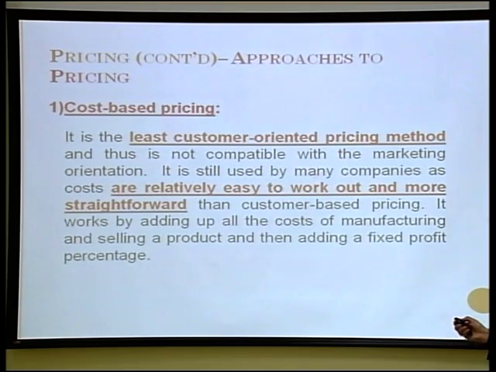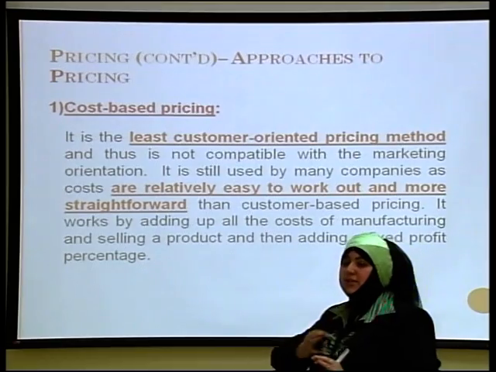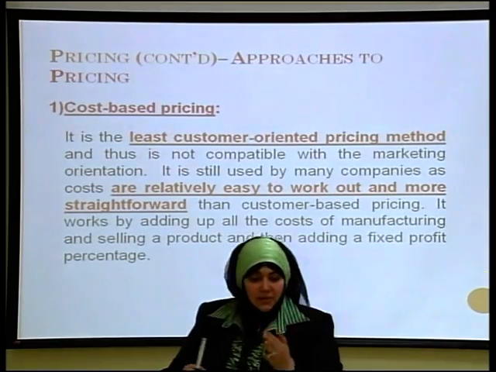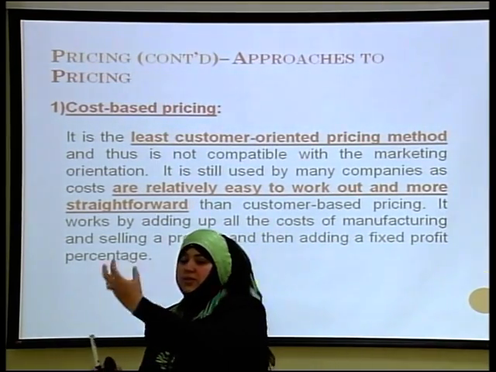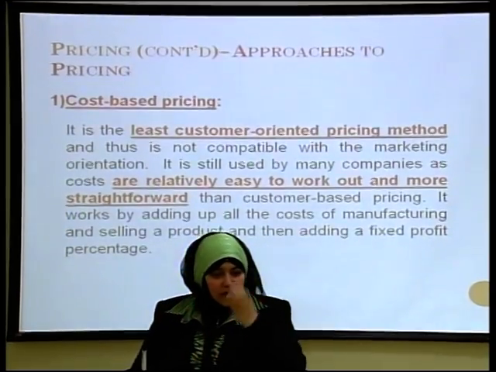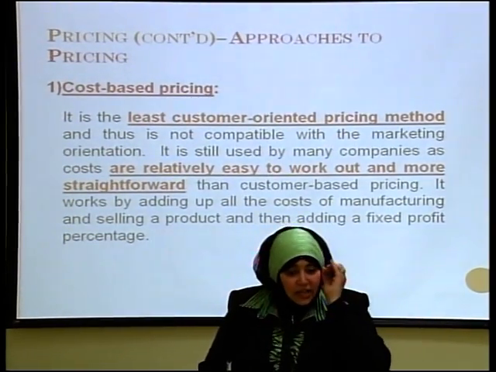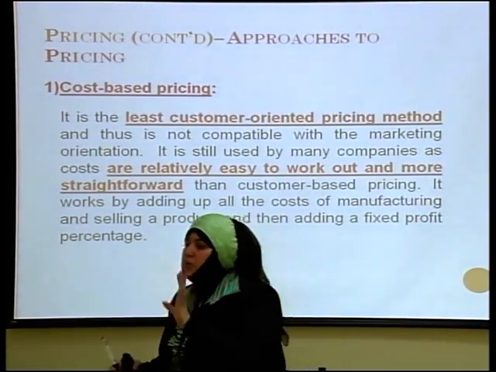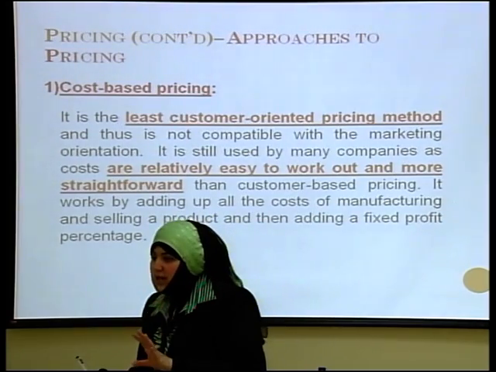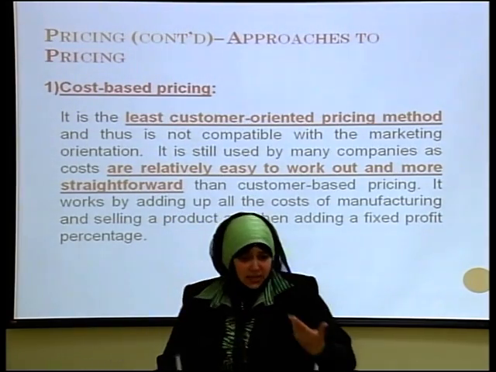It is still used by many companies as costs are relatively easy to work out and more straightforward than customer-based pricing. Now, it's a direct method of pricing products. When any business produces a product, they can identify accurately the cost per unit. So this method is very easy.